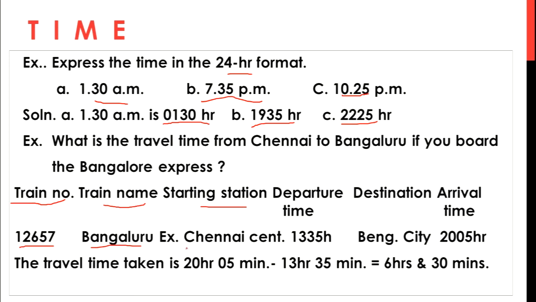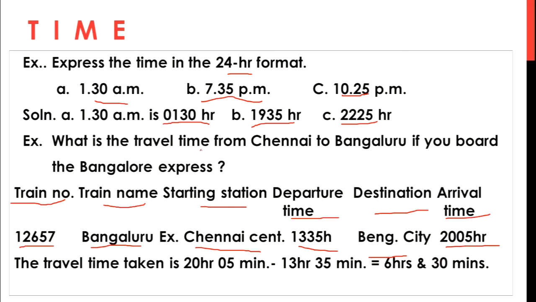The departure and arrival schedules are always given there. So this is an arrival and departure schedule chart. Starting station is Chennai Central. Departure time of the train Bengaluru Express is 13:35 hours. Destination is Bangalore City, and arrival time is 21:05 hours. So generally such types of questions are also asked in this chapter of time.